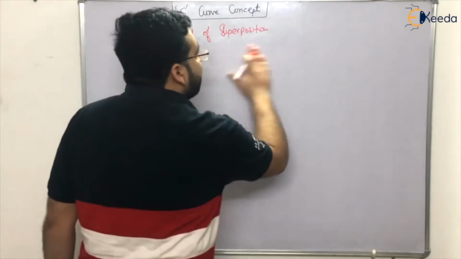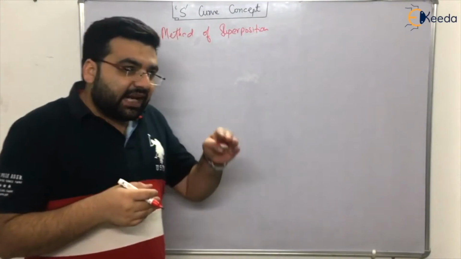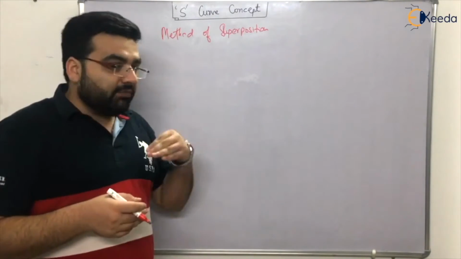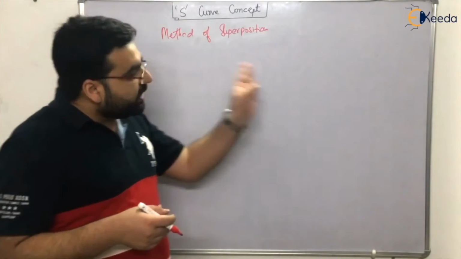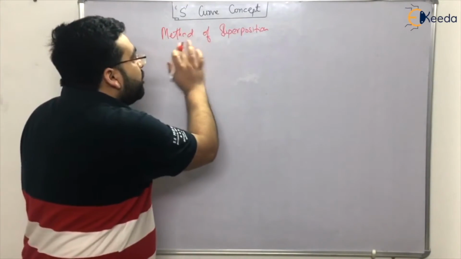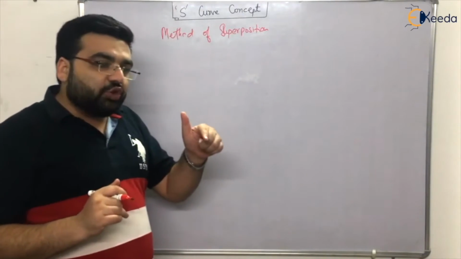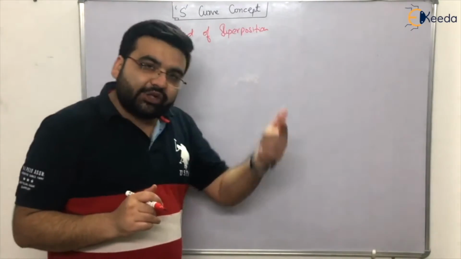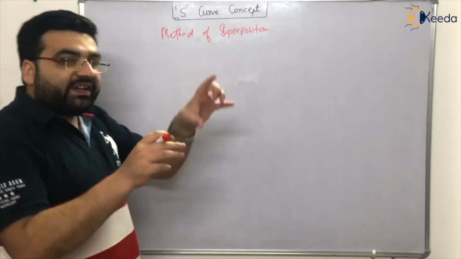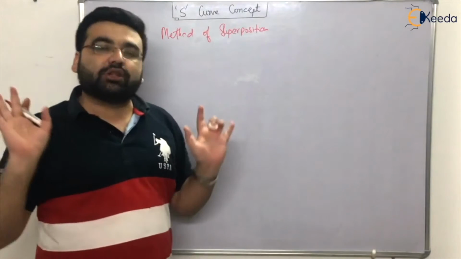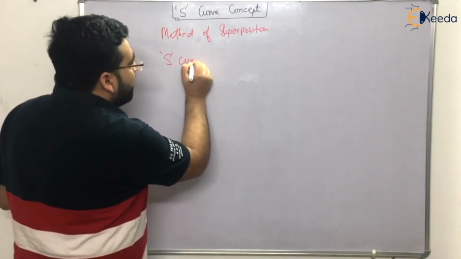Now what is the benefit of the S-curve? By using the S-curve technique you can determine the unit hydrograph without even the use of the method of superposition. It means that the S-curve technique is used for determination of hydrographs of an integer time interval as well as a fractional time interval. So the S-curve is a universal method.